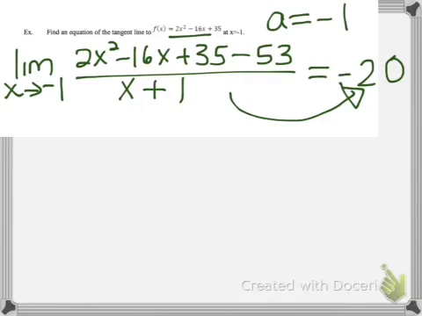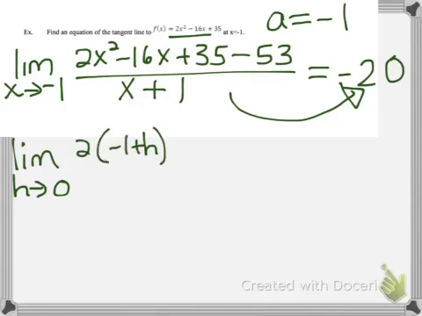Okay, using the other formula, I'd have the limit as h goes to 0 of f of a plus h. So I would plug what? a plus h would be negative 1 plus h, and I'd plug it in here, negative 1 plus h squared minus 16 times negative 1 plus h plus 35.